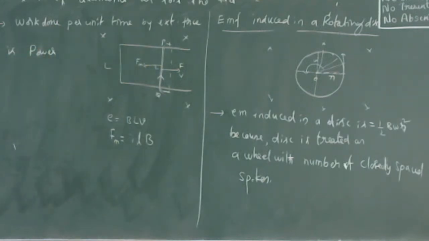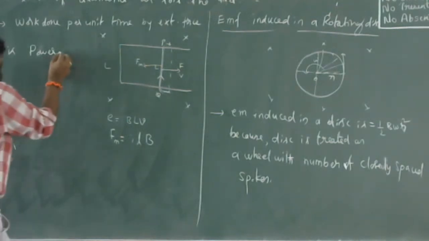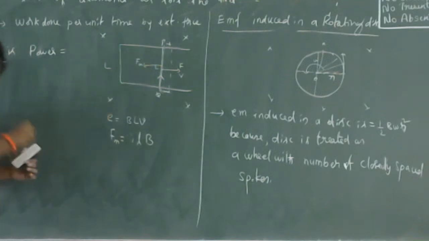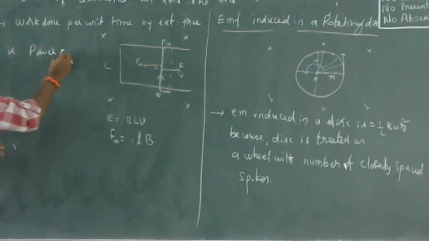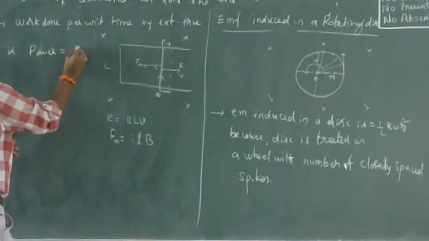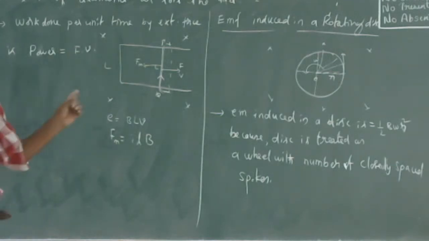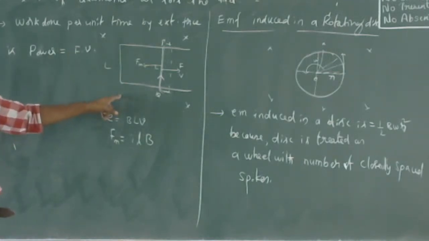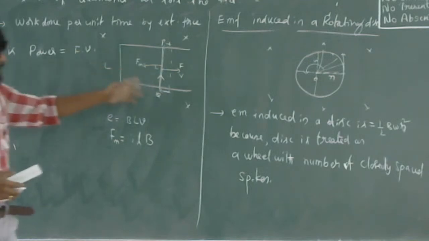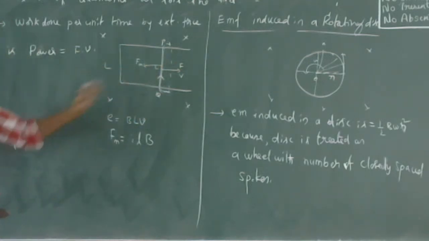Work done per unit time is nothing but energy per unit time. Right? So this power spent in moving the wire is nothing but force into velocity. Force into velocity. Do you understand? This velocity can also be written in terms of other related terms.